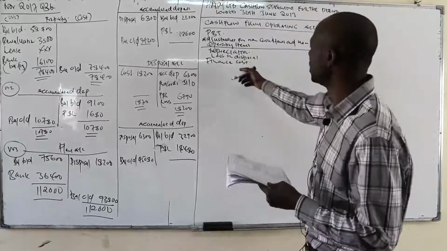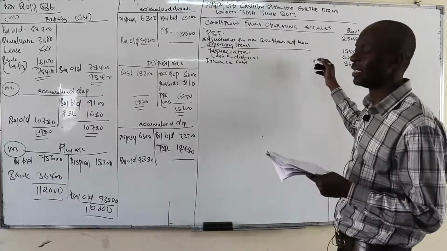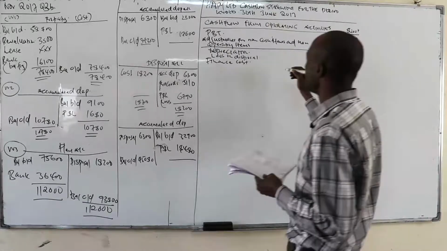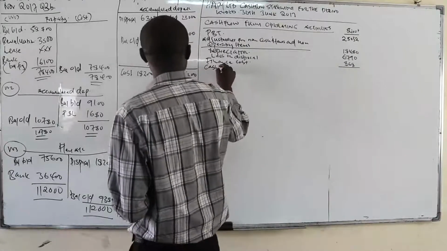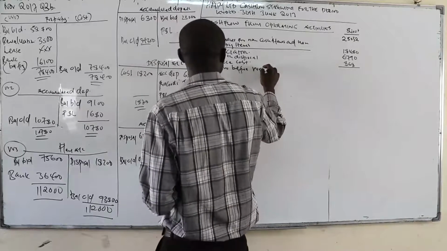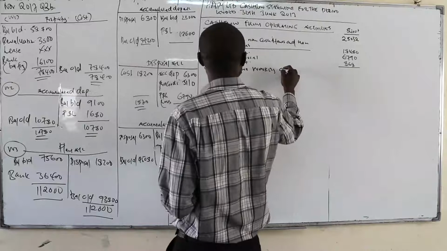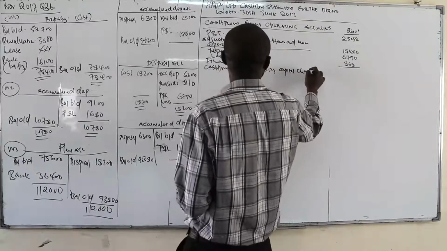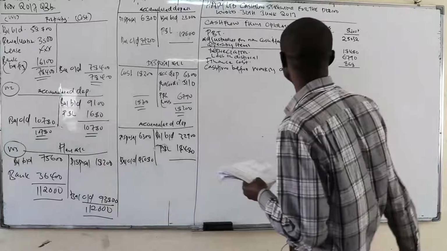If there is gain on disposal, you deduct because they will have added it. Then you get the cash flow before working capital changes. So you add these figures. What do you get?